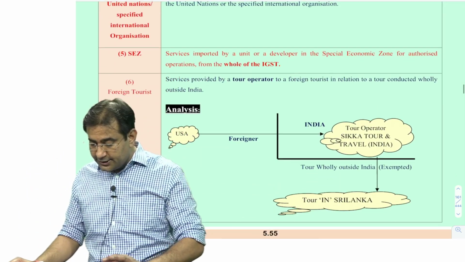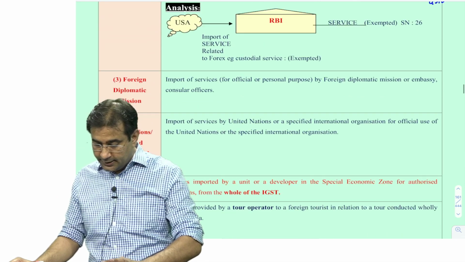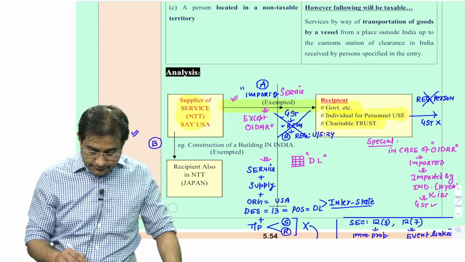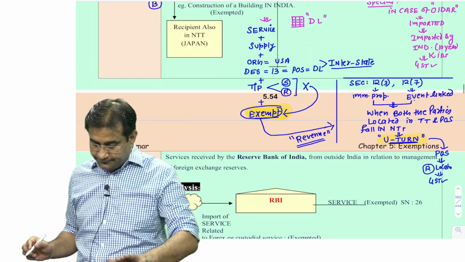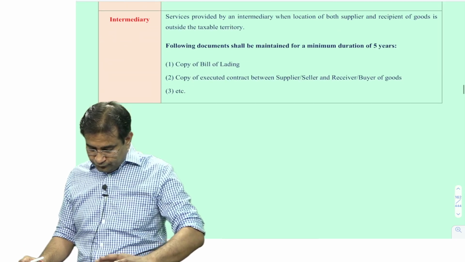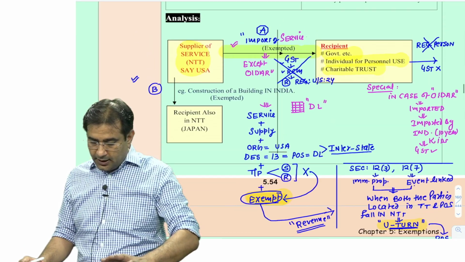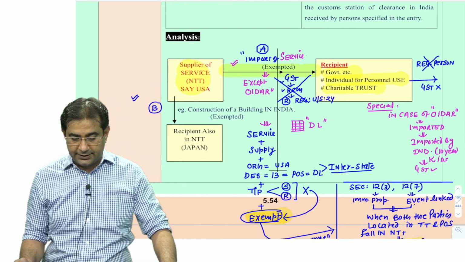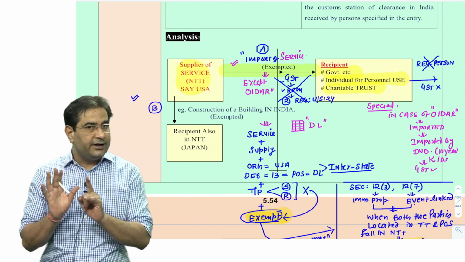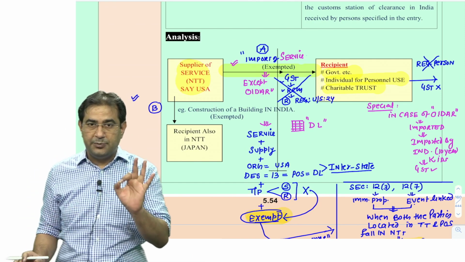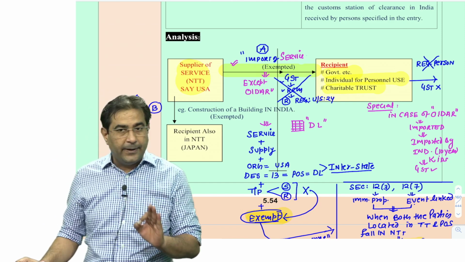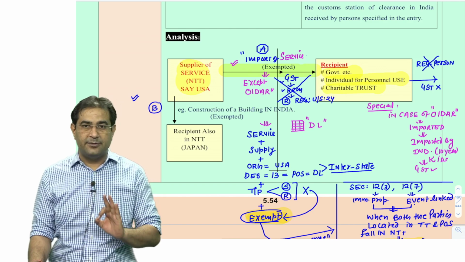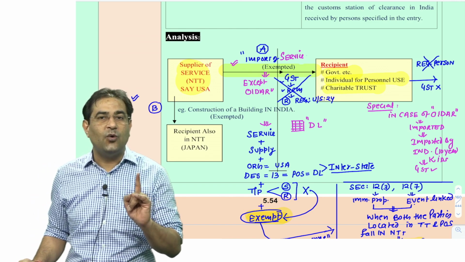Now come to another discussion. Yes, sir. Now one of the exceptions was also there with respect to ocean freight. We have completed our discussion given under part A. I repeat, import of services by the government, by an individual for personal use and by a charitable trust are exempted, but the exception is OIDAR.